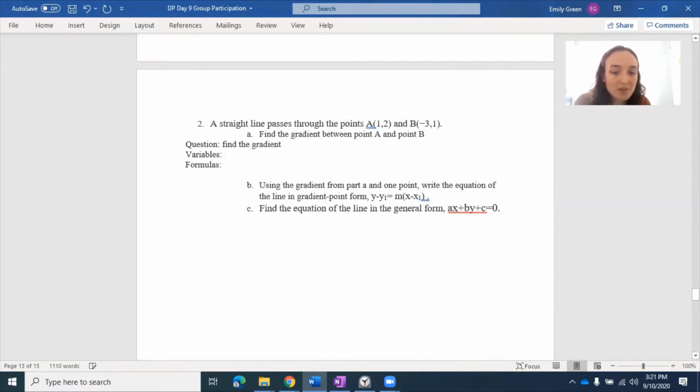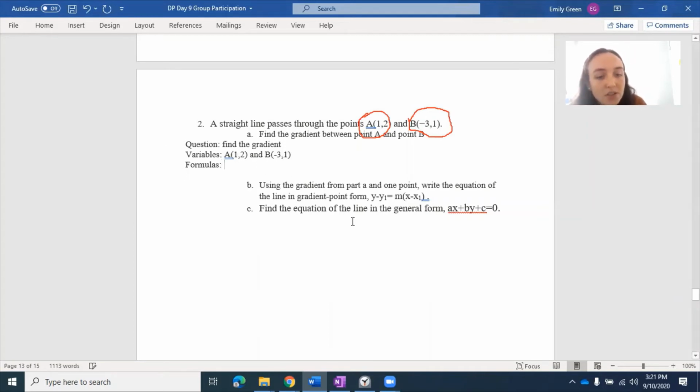My variables are this A and B that I've been given: A(1, 2) and B(-3, 1). At first, I'll just type that out like that. That isn't where I want to leave my variables, as we'll see in part 3.